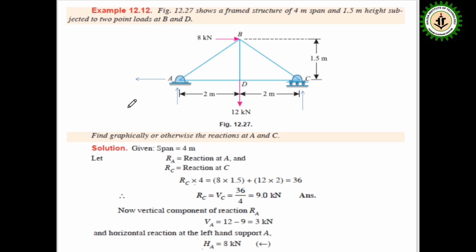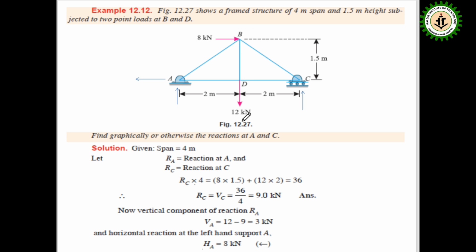So here is an example of one simple truss. The span of the truss is 4 meter and the height of the truss is 1.5 meter. Now one load of 8 kilonewton is applied horizontally at point B, and one load of 12 kilonewton is applied at point D in the downward direction.